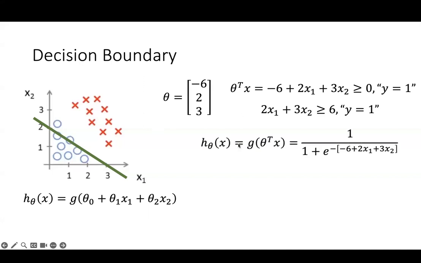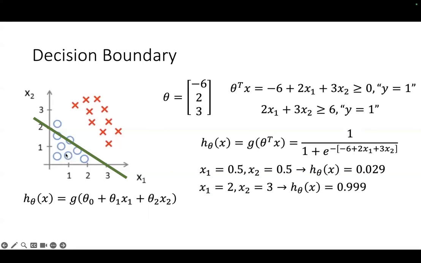Okay, so tignan natin yung hypothesis dito. So 1 over 1 plus exponential of negative theta transpose x. Let's say na ang x1 is equal to 0.5. Halimbawa, ano bang data set yun?